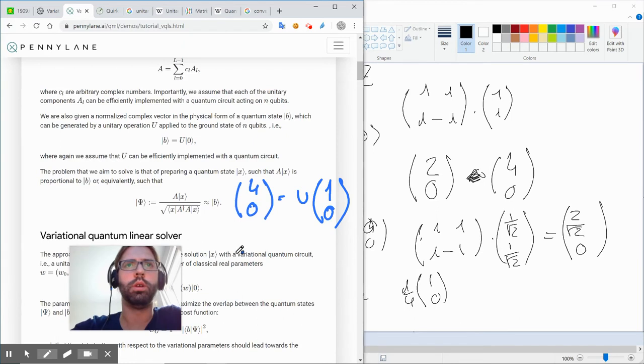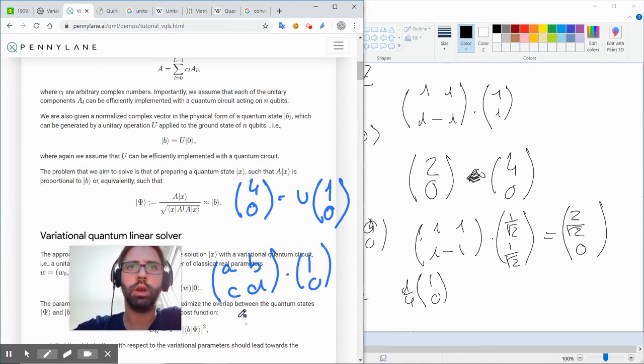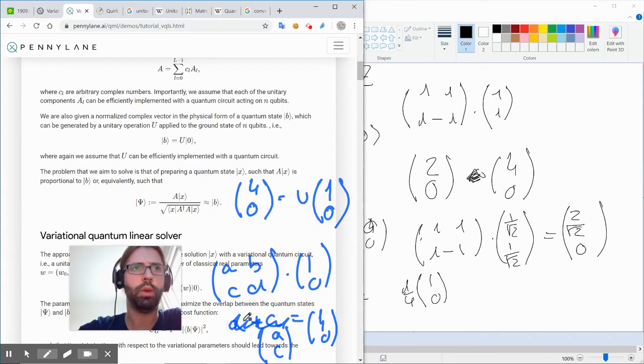So man, I'm so bad at these. A, B, C, and D. So you basically need A plus C, right, should be, so AC should be 4, 0. So A is 4 and C is 0, right? And then B and D can be whatever they want.